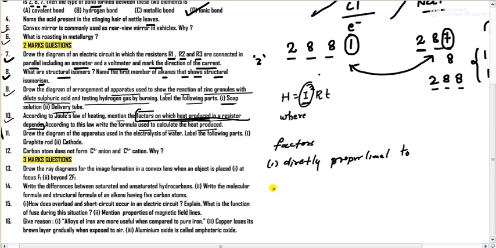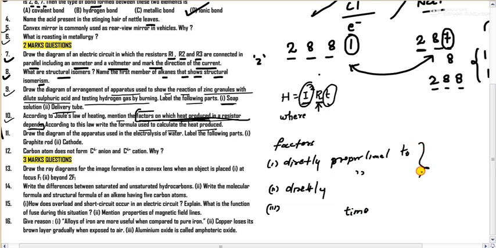Second, it is directly proportional to R. What is R? Resistance of the conductor. And third, it is directly proportional to time, the time for which current flows through the resistor.